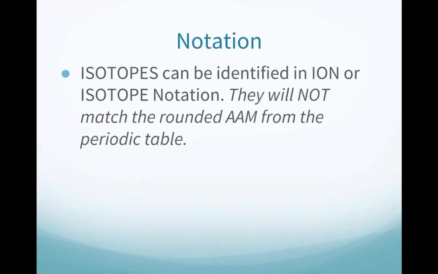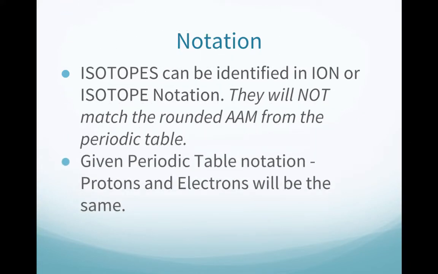Looking at the notation, isotopes can be identified in ion or isotope notation. They will not match the rounded AAM from the periodic table. That's how you know you have an isotope. If you're given periodic table notation, the protons and the electrons will still be the same, okay? And the number of neutrons will not change either.